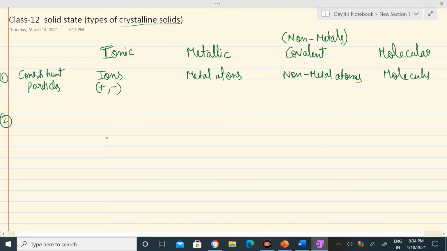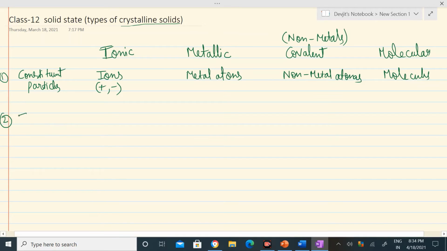The second property is what kind of force of attraction this solid has, which makes them a solid. What we have studied while differentiating the properties of solid, liquid and gas is that a solid has a very strong force of attraction between two atoms. That's why they are held very closely and tightly with each other.